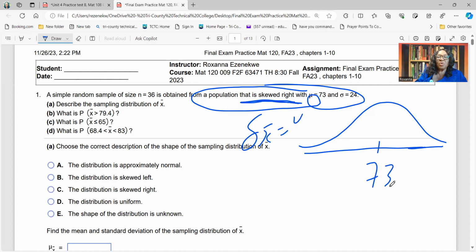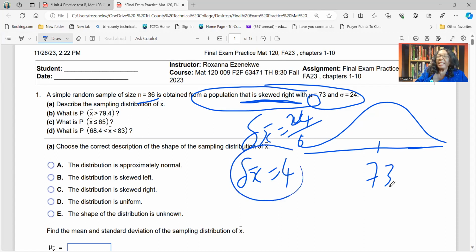is 24 divided by the square root of the sample size. And that I can just write 6 here. 24 over 6. Therefore, the standard error is equal to 4. I get that. Now, I am ready to find the area to the right. So normal CDF, the lower bound is 79.4 because I'm accumulating to the right.